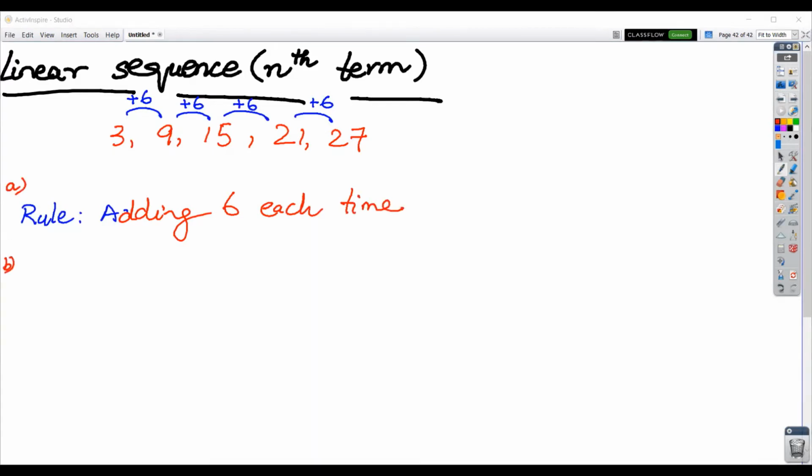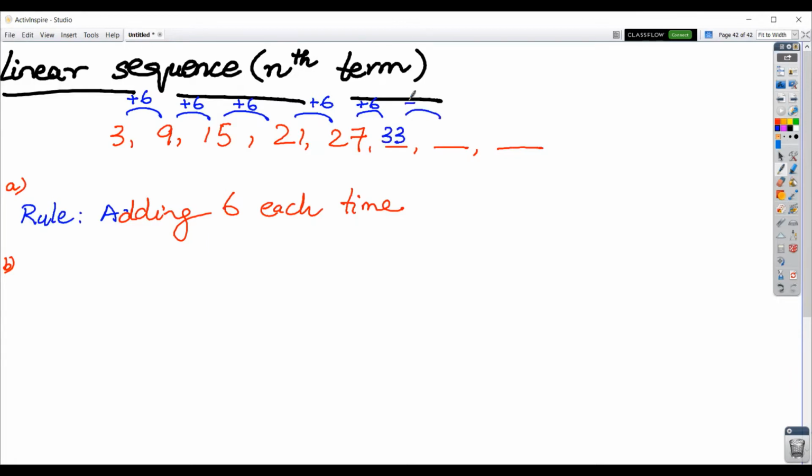Now in the exam, they could even ask you to find the next 3 terms of the sequence. We have the first 5 terms given already, and they ask us to find the next 3 terms. To do that, we follow the same pattern of adding 6 each time to get the next term. So 27 plus 6 would be 33.